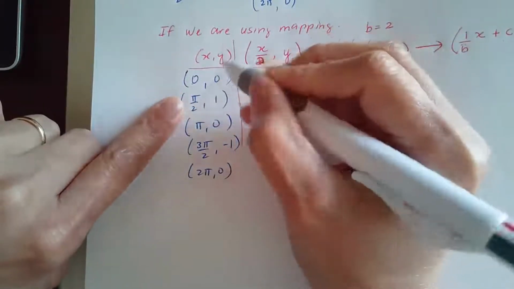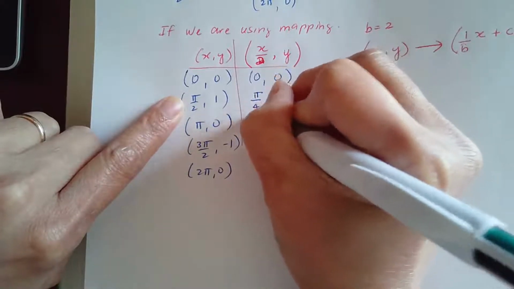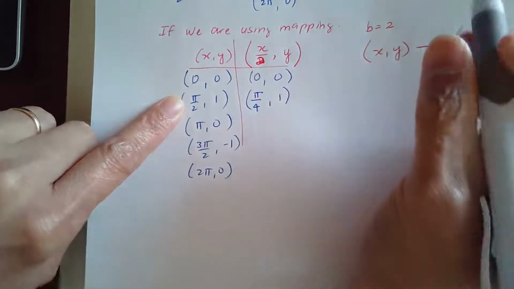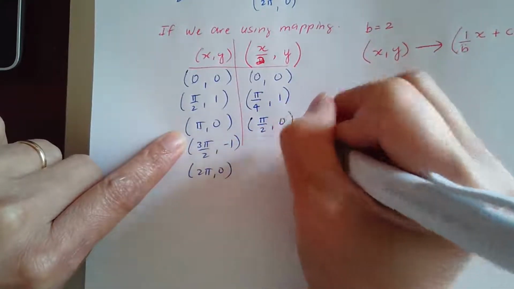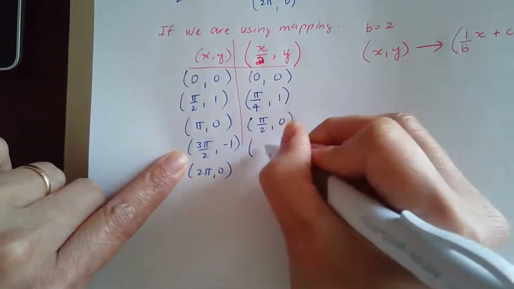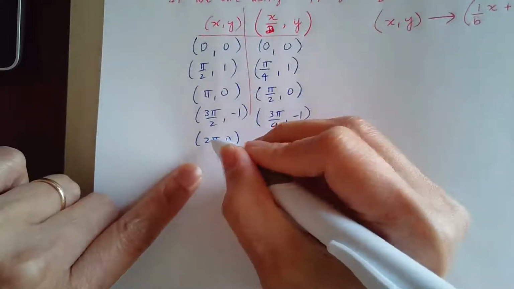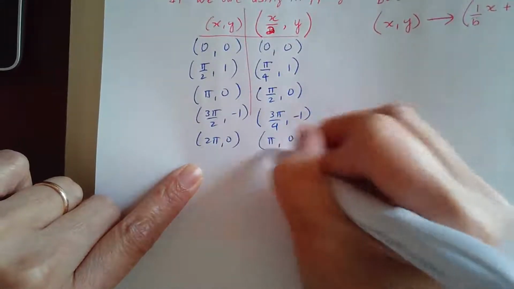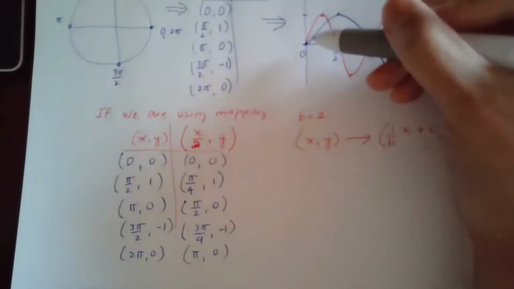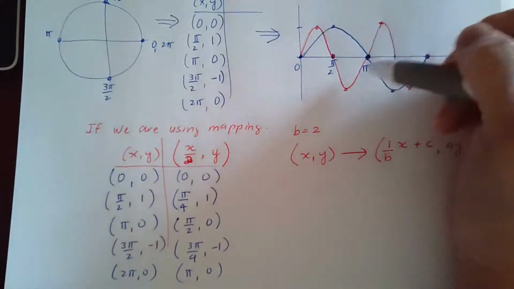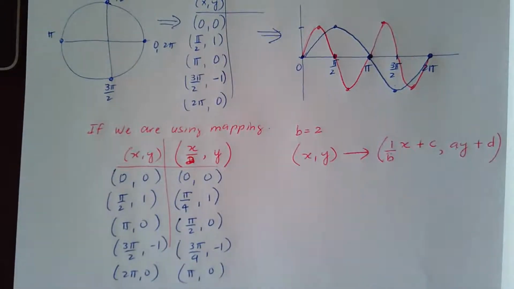Pi over 2 divided by 2 is pi over 4, 1. Pi divided by 2 is pi by 2, 0. 3 pi halves divided by 2 is 3 pi by 4, negative 1. And 2 pi divided by 2 is pi, 0. All of these points will be these 5 points here, and then just continue on.